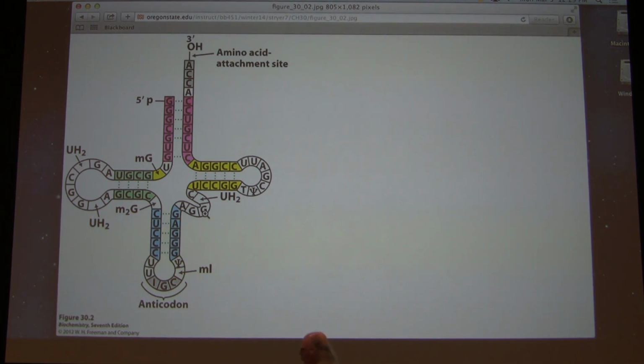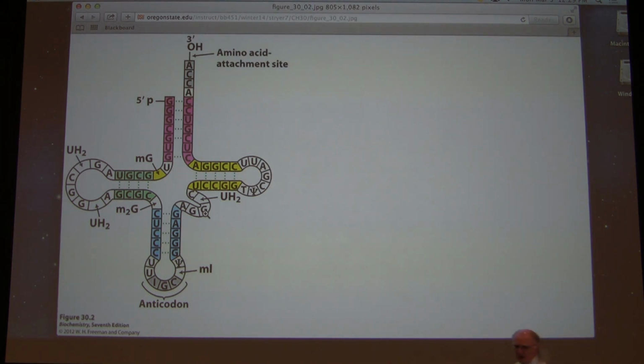Now, this is kind of a cool thing. Right? Well, what's so cool about it? Well, what you see on the screen is the way that we always drew transfer RNAs, because we knew that this base pairing occurred, this base pairing occurred, this base pairing occurred, and this base pairing occurred. We knew that, okay? So we said, well, this is the most logical structure that it should have. And in 2 dimensions, this is the most logical structure that this guy can have. All right? But there's a problem.